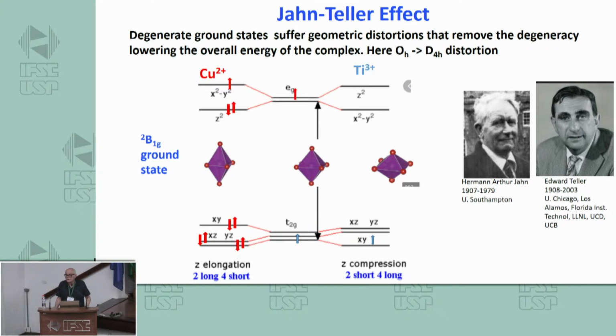So the copper 2+ is normally 6 coordinated, but the coordination is never really perfectly octahedral. And that's because if it were perfectly octahedral, the electronic levels would be T2g and Eg.